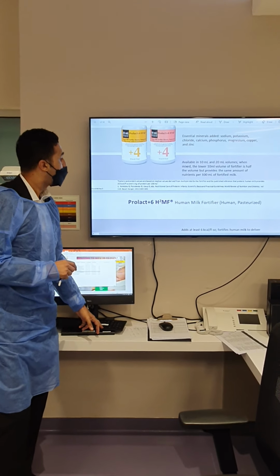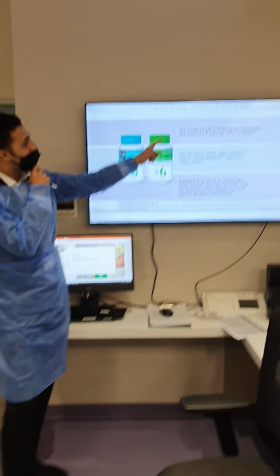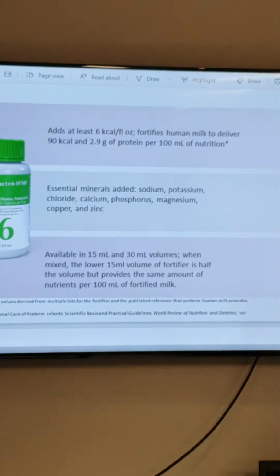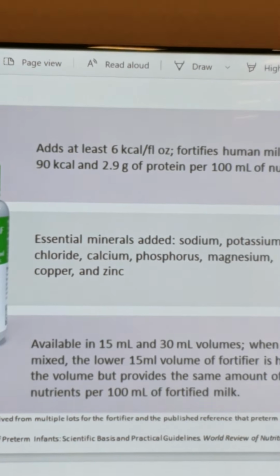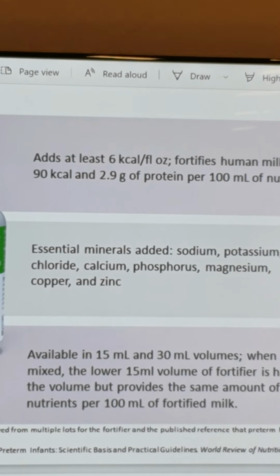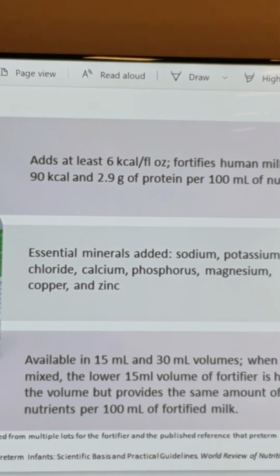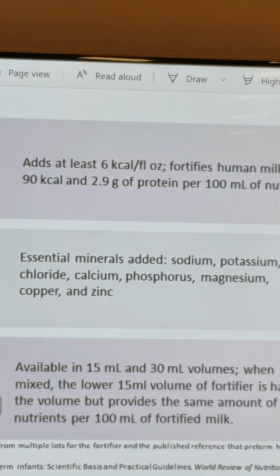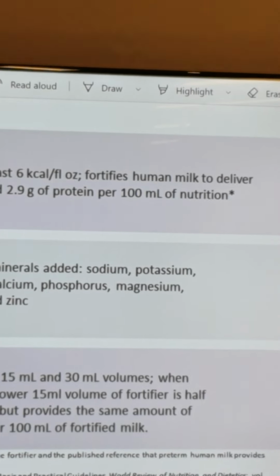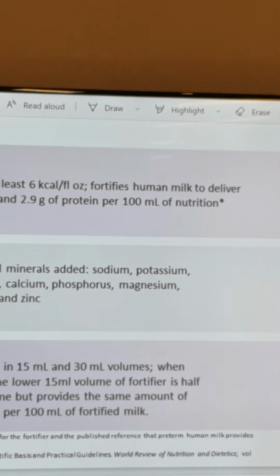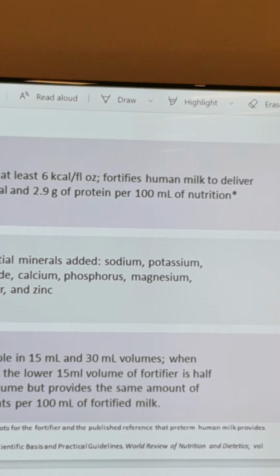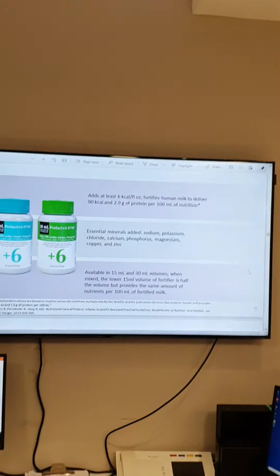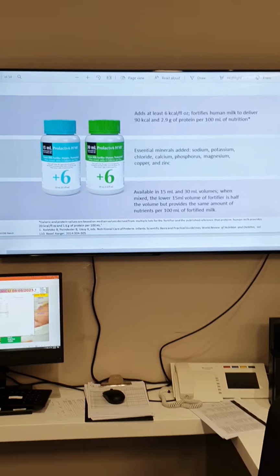Then +6 is 90 kilocalories and 2.9 protein per 100 ml. The same calculation applies, either per 100 ml or per fluid ounce. The only added things to the product are essential minerals: sodium, potassium, chloride, calcium, phosphorus, magnesium, copper, and zinc. So frankly speaking, it is 99% human milk, with just a few minerals added that were destroyed during pasteurization.